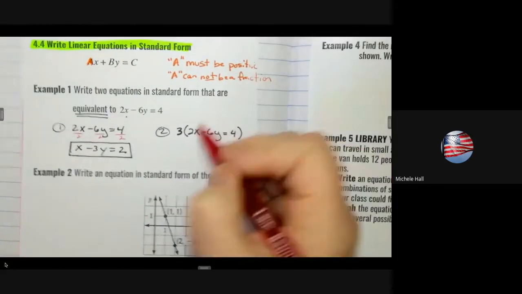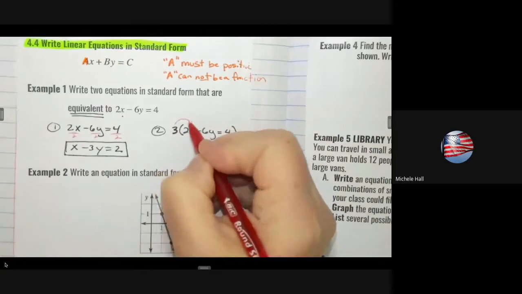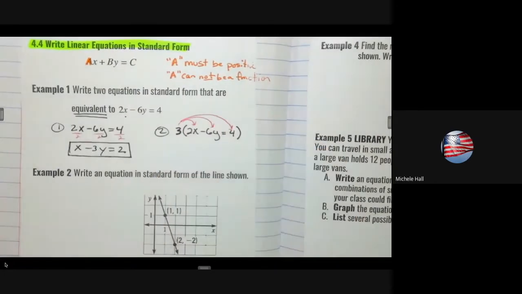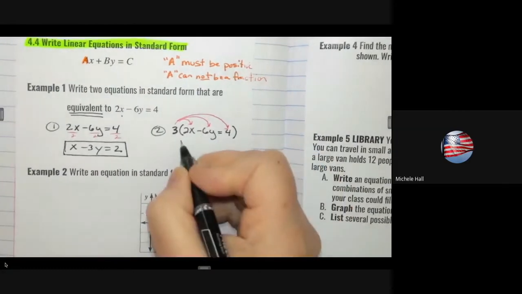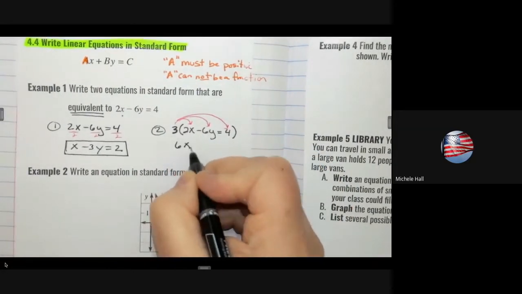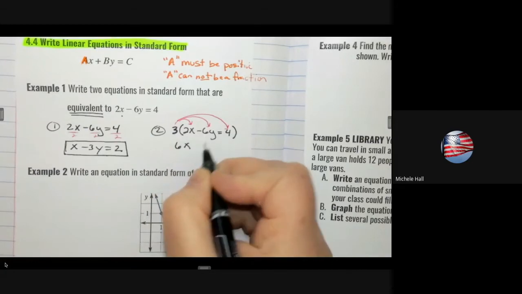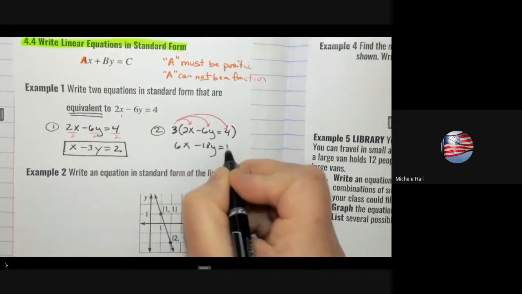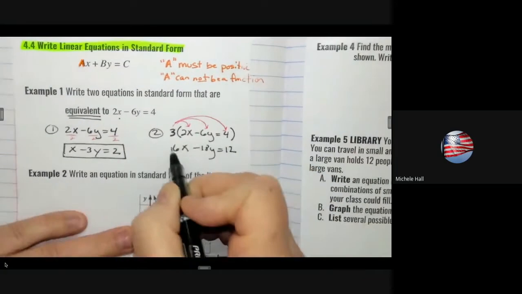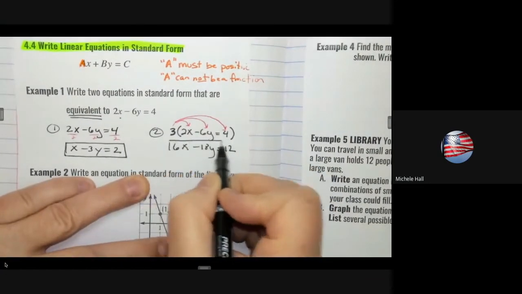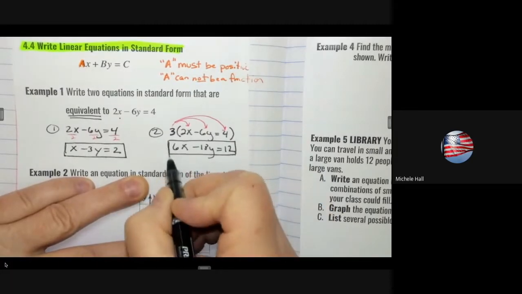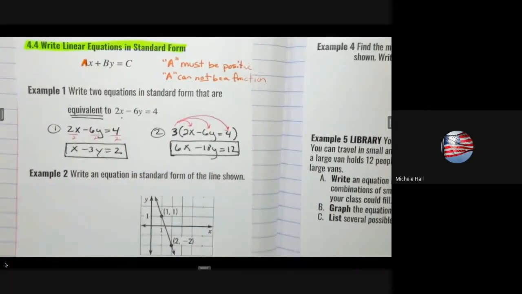So when I'm multiplying 3 to everything, that means I'm distributing that 3 onto the entire equation. 3 times 2x is 6x. 3 times negative 6y is negative 18y. And 3 times 4 is 12. Here is a second possibility. Again, there are an infinite number of ways to create this equivalent equation.